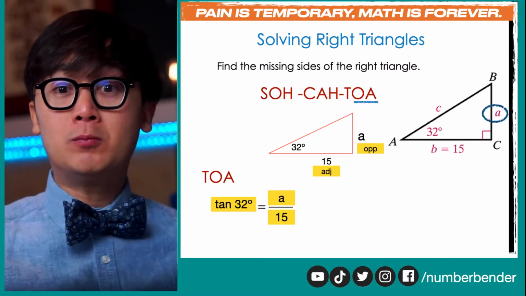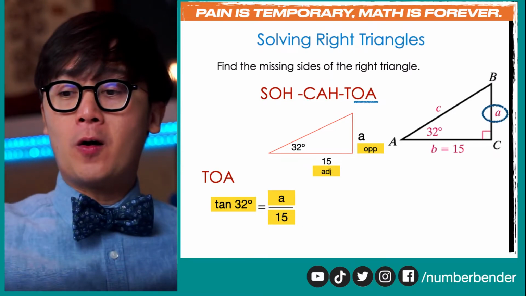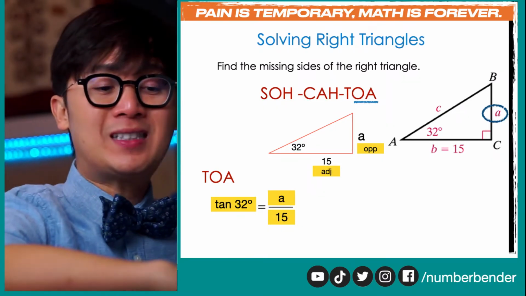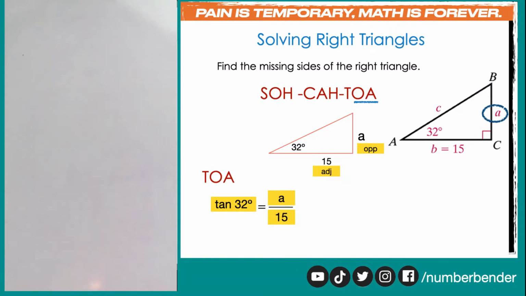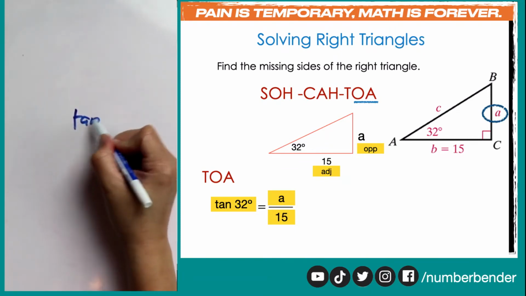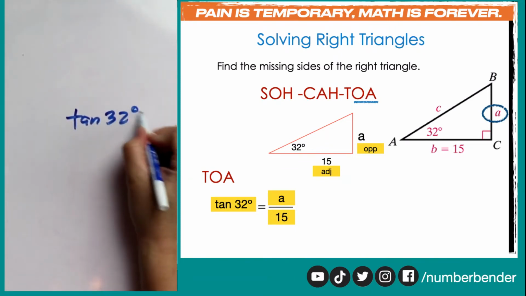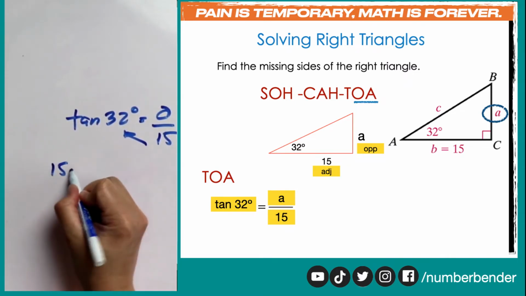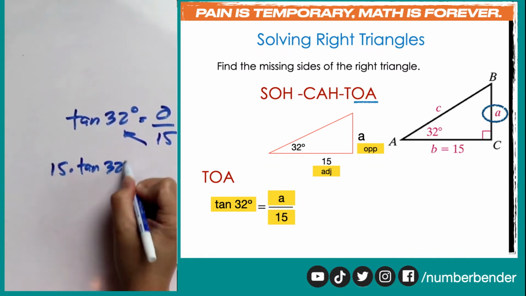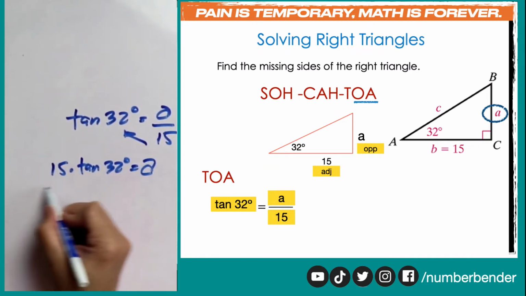And now by cross multiplication, I'll show you this technique. Using cross multiplication from tangent 32 degrees equal to A over 15, since I want A by itself, I will just do a single move of multiplying 15 and tangent 32 degrees, and now A is by itself.